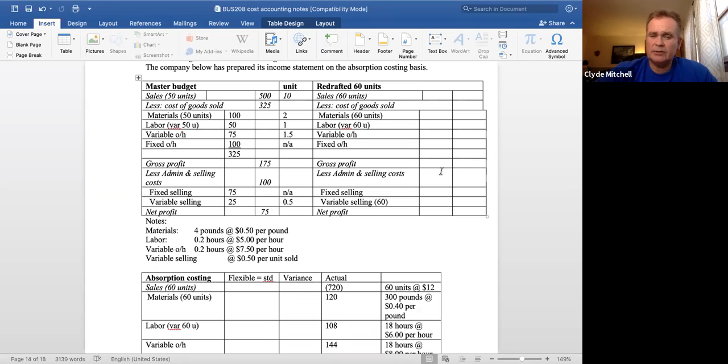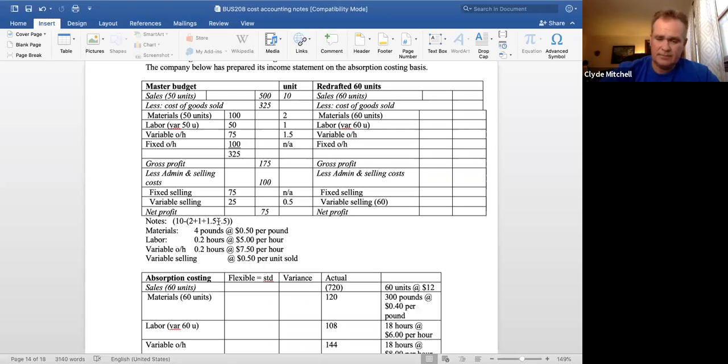So we could probably actually go and do this calculation without redrafting the whole income statement to see what our profit should be at a level of 60 units. Let's just show you what we would do there. We would go and take, remember, selling price, $10 minus our variable costs, which is 2 plus 1 plus 1.5 plus 0.5. So that's a total of 10 minus 5.